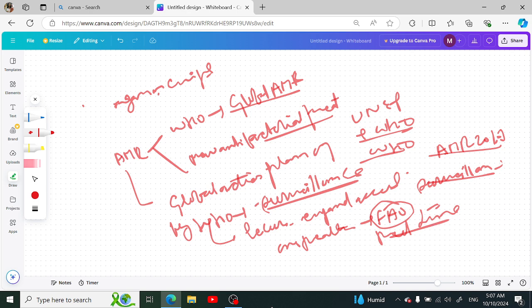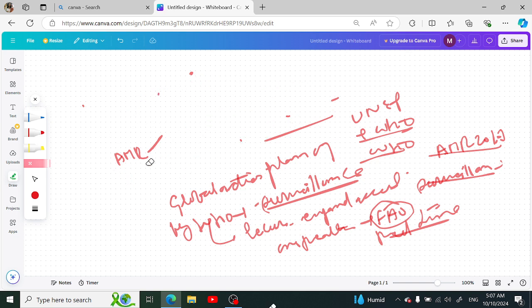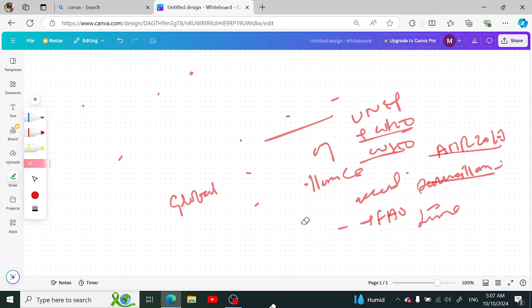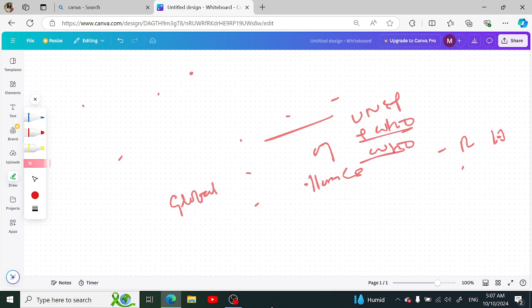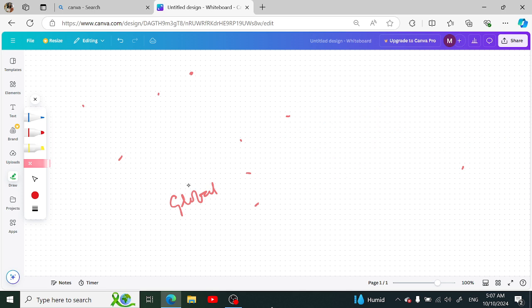AMR happens when bacteria, viruses, fungi and parasites evolve over time and no longer respond to medicines. So if you are taking medicines but they are not affecting the infection for a long time, that is known as AMR, antimicrobial resistance.